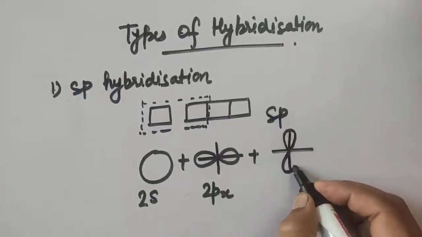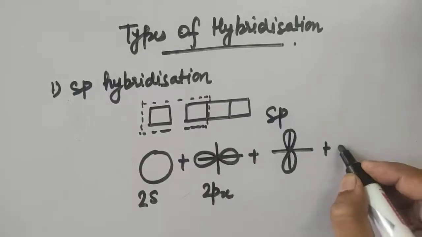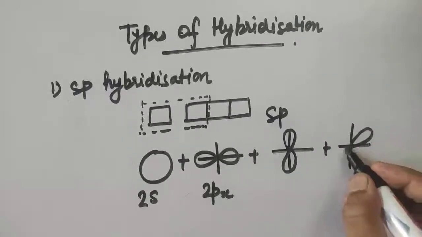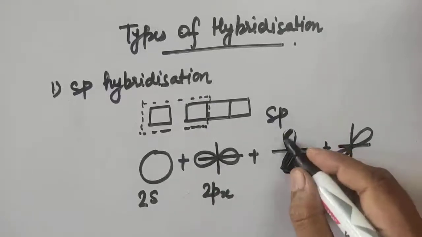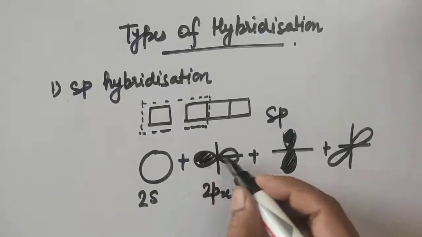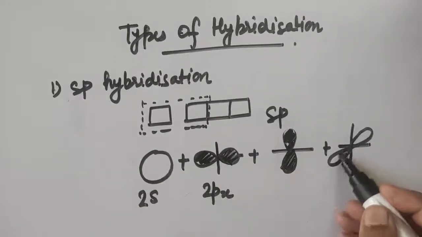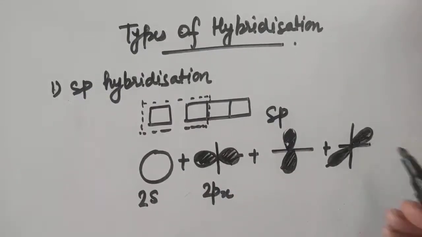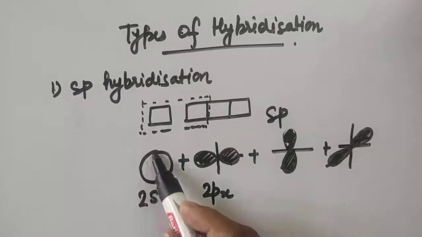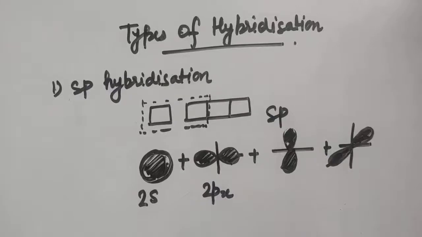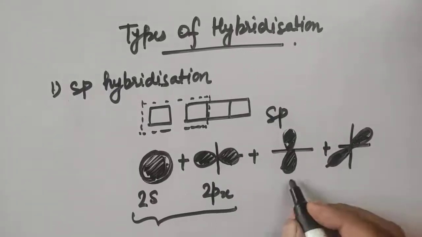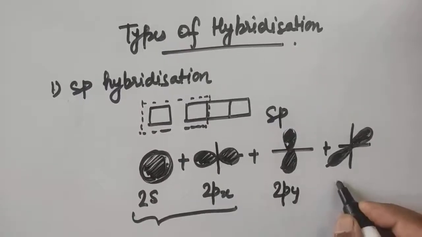This is 2py and there is one more orbital, that is 2pz. These are the hybridizing orbitals. So 2s will hybridize with 2px only, and 2py and 2pz will remain as such.